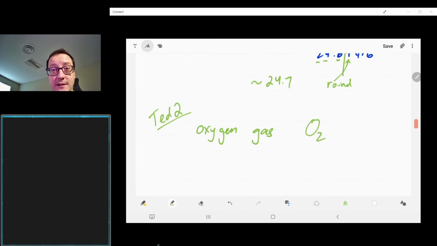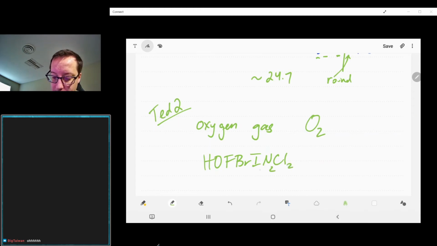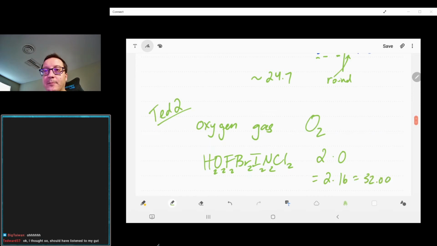We have 7 diatomic elements. Anytime we talk about those guys, they're diatomic. And so because it's O2, that means you have 2 times oxygen, which is 2 times 16, which is 32.